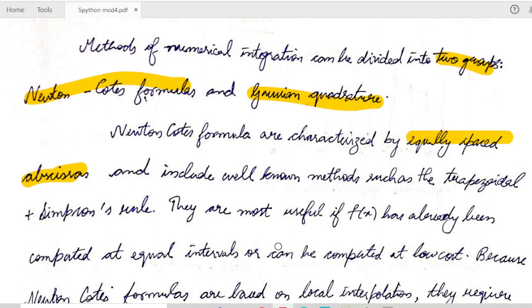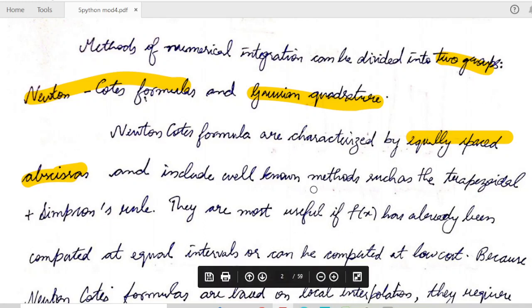First we derive the Newton-Cotes formula, and from it we get two other rules, that is the trapezoidal rule and Simpson's rule.